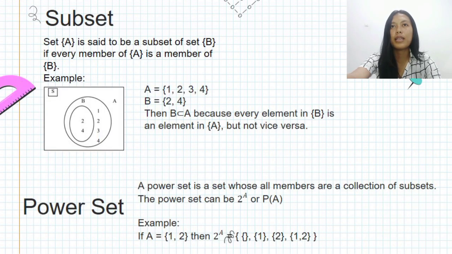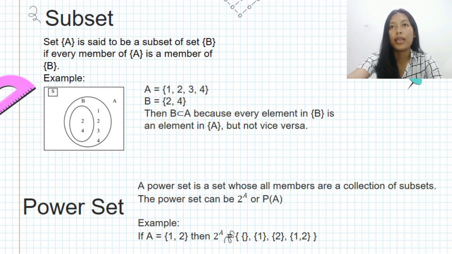Next we have subset. Set A is said to be a subset of set B if every member of A is a member of B. For example, you can see the diagram on the screen.